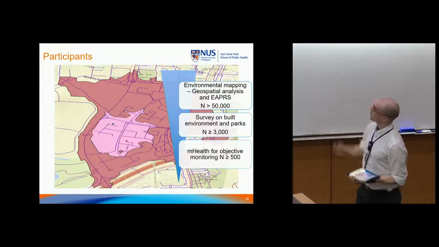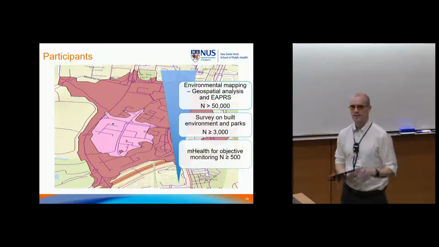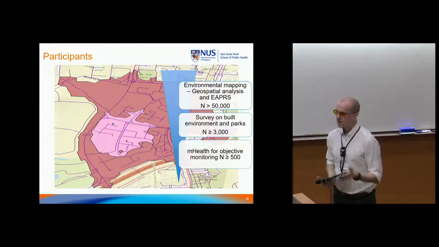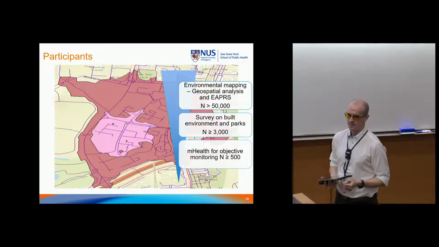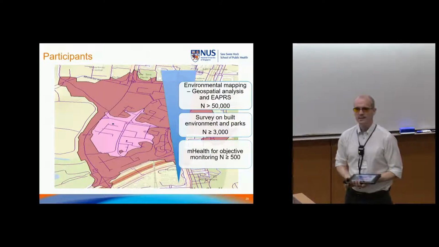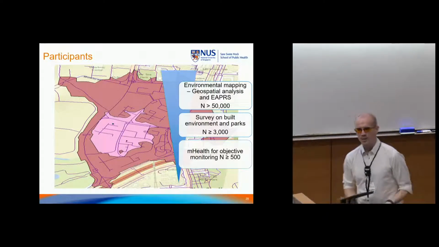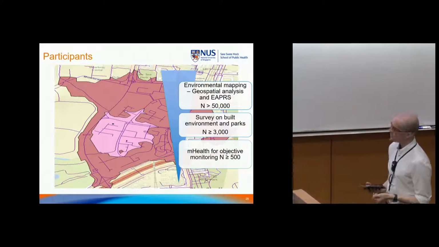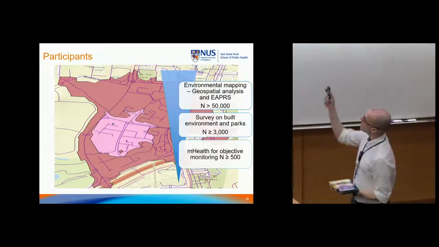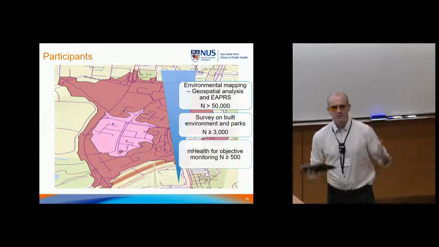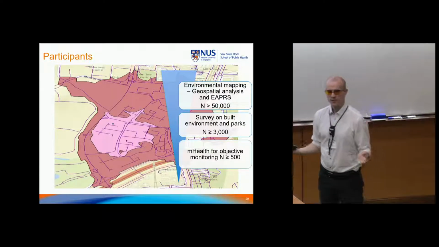And the objective monitoring part is conducted among 500 participants, and I'm going to talk about it in a bit more detail in a second. But I think this in itself, for somebody who is perhaps not all the time involved in data collection or running population-level studies to help change people's behavior, is already very indicative of the people we can reach.